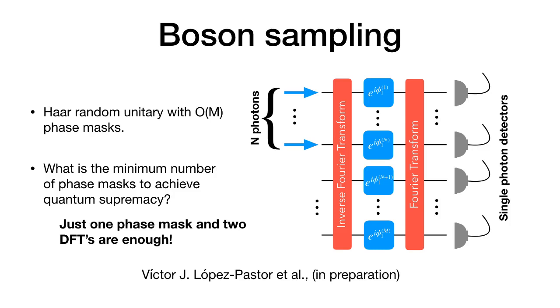And we show that, in fact, just with one discrete Fourier transform, one phase mask, and another discrete Fourier transform, the probability distribution of the photons is already impossible to simulate with a classical device. So we can show quantum supremacy with such a simple photonic circuit. And this is the result of another paper that is currently in preparation.